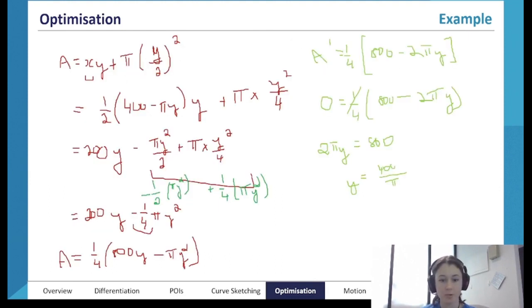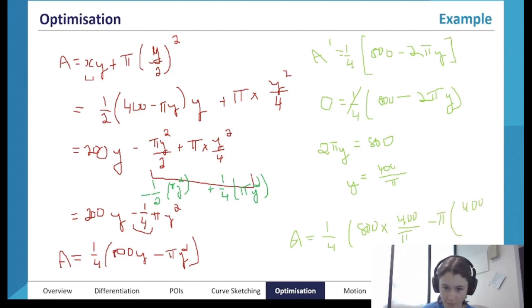So we have an equation for area in terms of y, so we can just sub this in. So we're going to get area equals 1/4 outside of 800 times 400 on pi, take pi outside of 400 on pi squared.